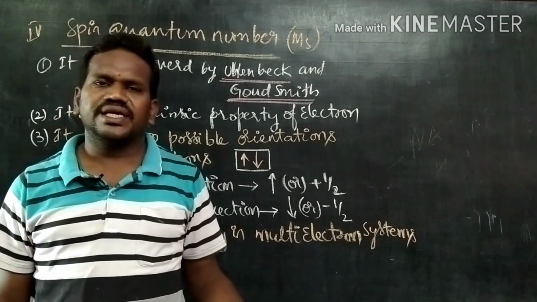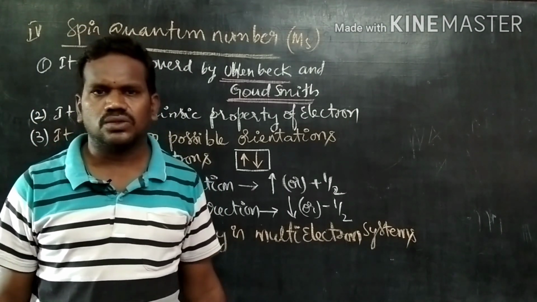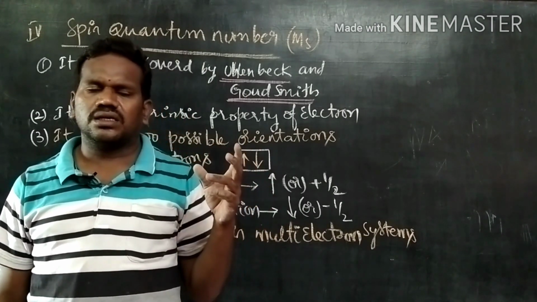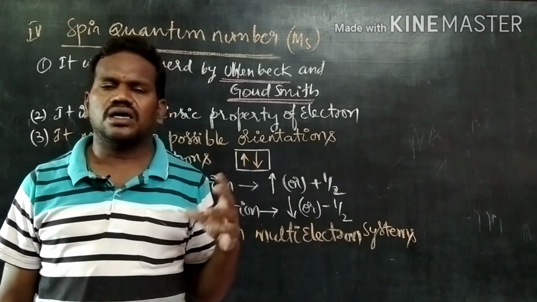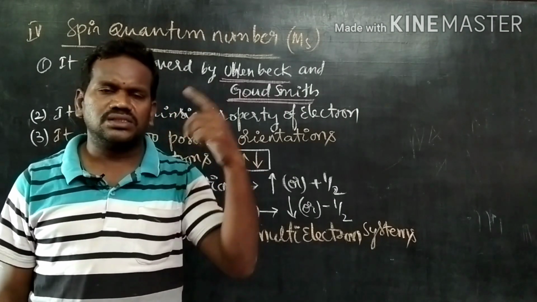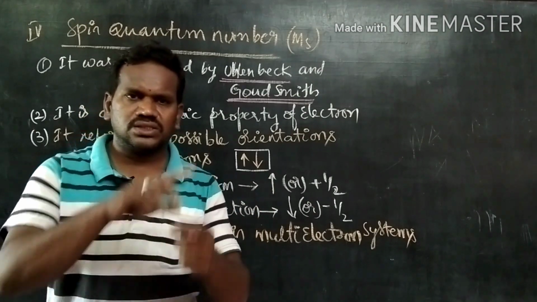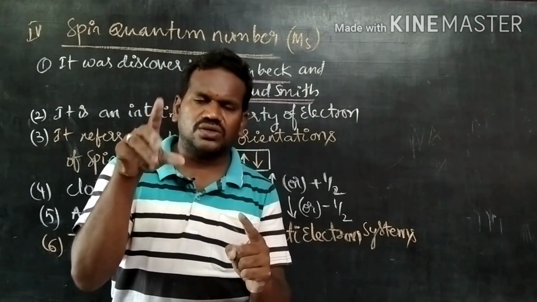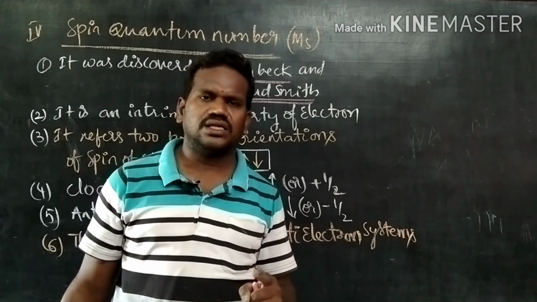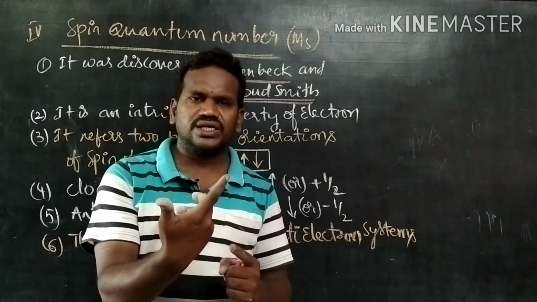Electrons are negatively charged particles, we already know. An electron is rotating either in a clockwise direction or in an anti-clockwise direction, because electrons are revolving around the nucleus. When an electron is revolving around the nucleus, it must have some orientation. Orientation means direction.